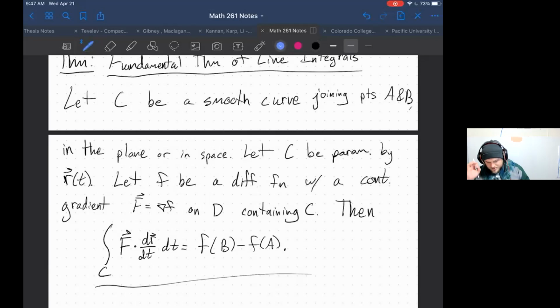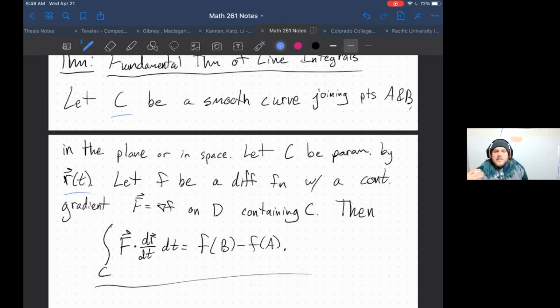And again, there's something really to notice here. This is a conservative vector field, right? I told you what C is, and I told you the parameterization of C. So I picked a specific curve, but also it's a general curve. So I picked it, but I really didn't.